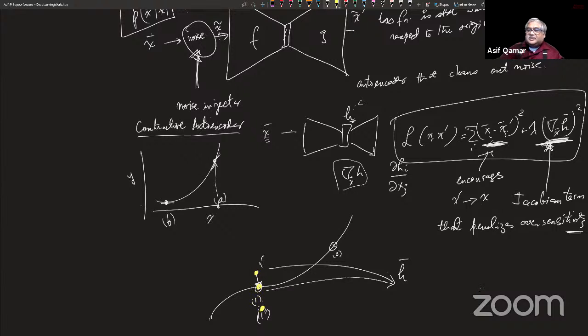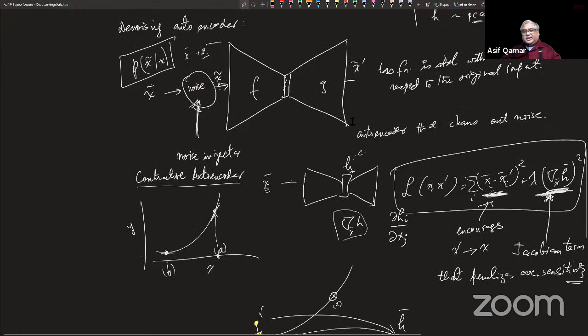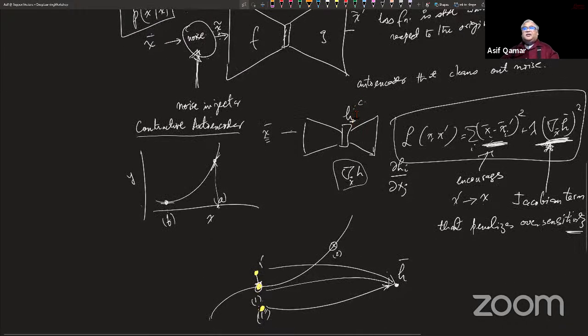What you want to make sure is that all three of these map to exactly the same point in the h space. Are we together? So for small perturbations of the input, your hidden representation stays insensitive to it, which is the value of the Jacobian term, or in the denoising case, inserting sample noise into the autoencoder. You prevent it from being unstable or oversensitive to it, right? So that is the theory of autoencoders.